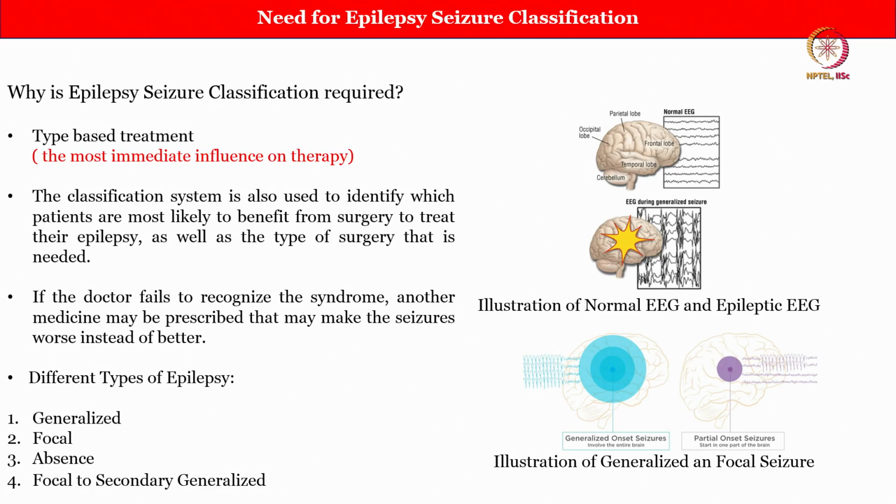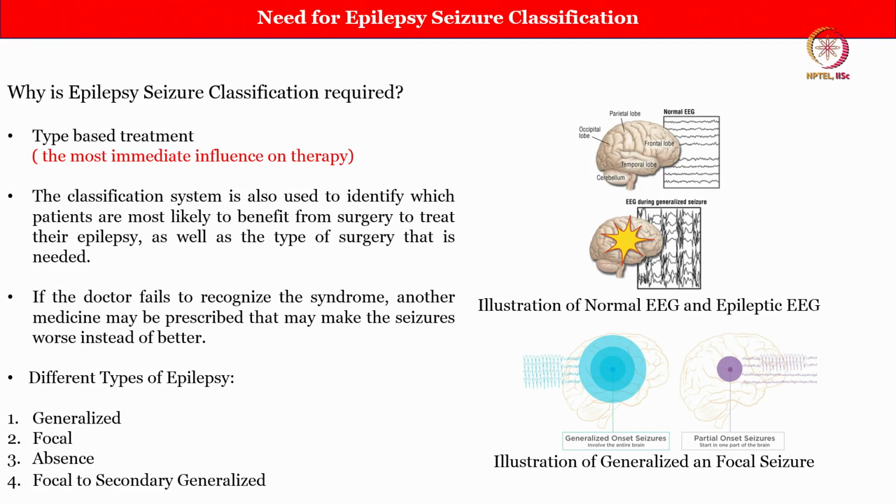Why it is important to classify epilepsy is because of type based treatment, the most immediate influence on the therapy. What kind of medicines can be given, what kind of therapy can be given, can be decided by a doctor once a person knows what kind of epilepsy is there.